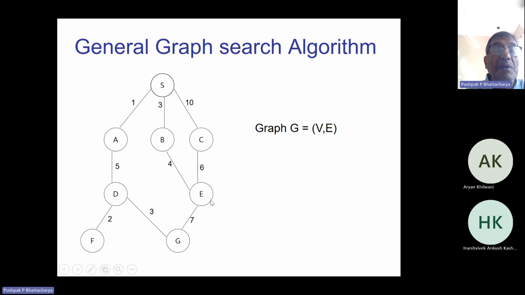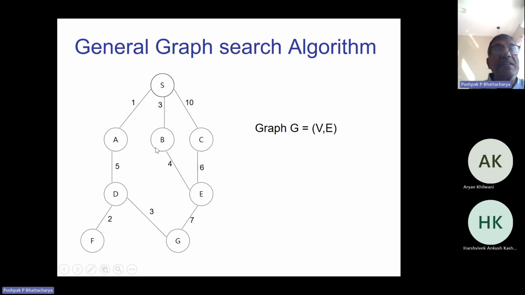E will come. E will also not get a chance because first in, first out. So C will be expanded after that. So only after all A, B, C are expanded, we can visit D and E. And D and E will have to be exhausted at that level, after which F and G will get a chance. So this is clearly the breadth first search strategy.